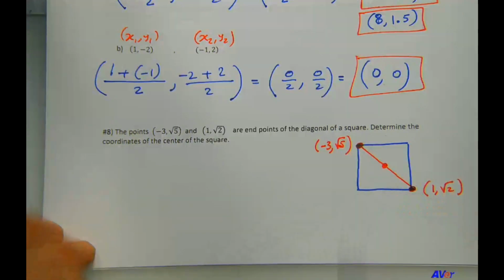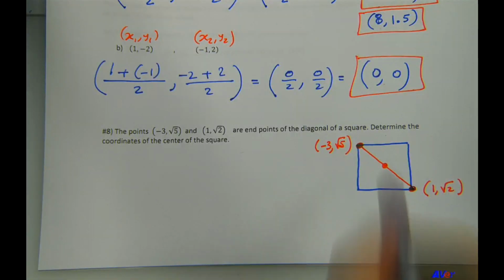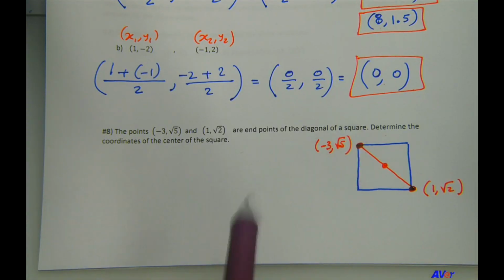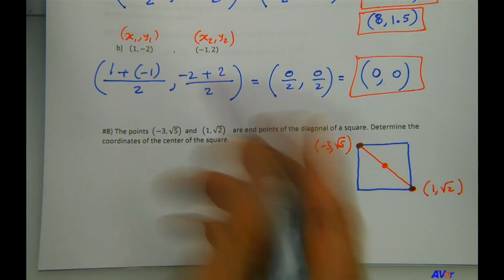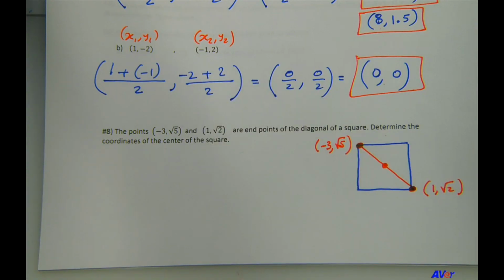We know from elementary geometry that if you have a square and you draw the diagonal, the midpoint of the diagonal from corner to corner of a square, or any rectangle for that matter, is the center of the square or the rectangle. This we know from elementary geometry. So let's apply the midpoint formula to find that.